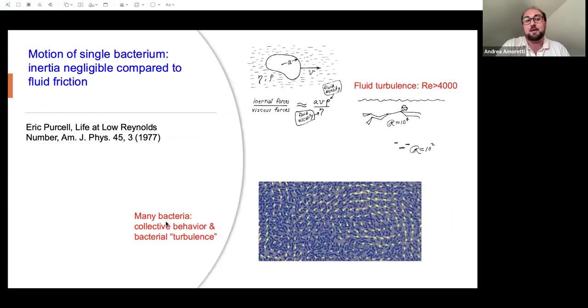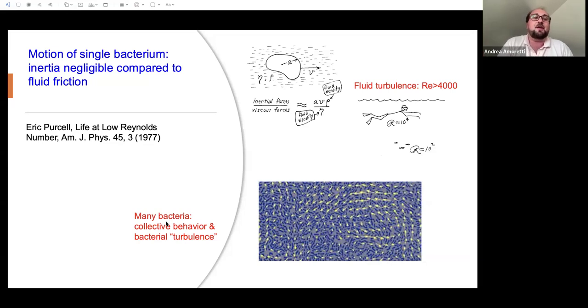Okay. So what's the peculiar property of these particles? For example, a single bacterium lives in what is called the low Reynolds number regime. What does that mean? It means that in this case viscosity wins against inertia. So as soon as the bacterium stops self-propelling itself, it basically stops moving almost instantaneously.